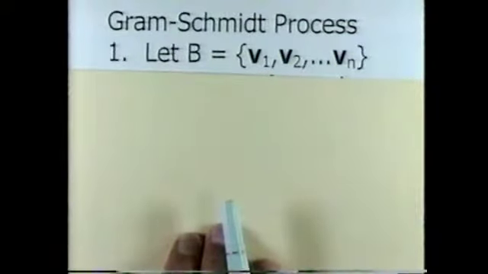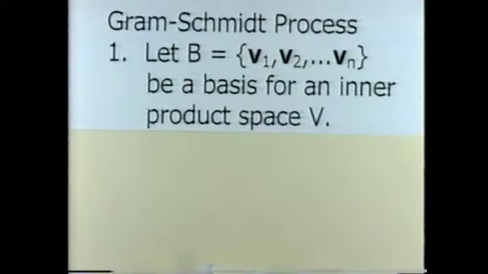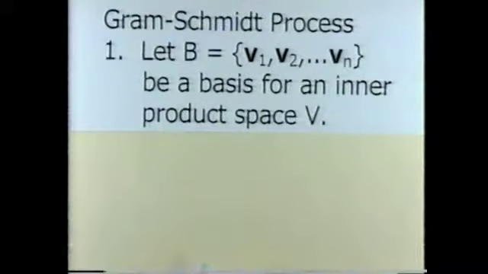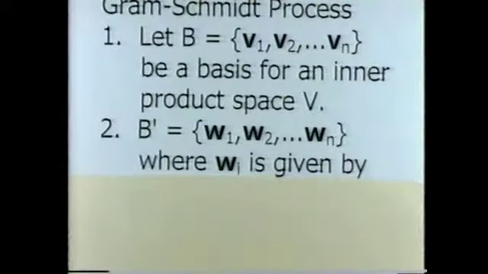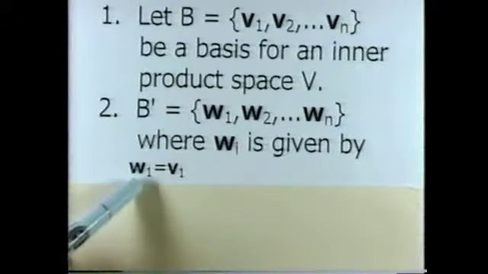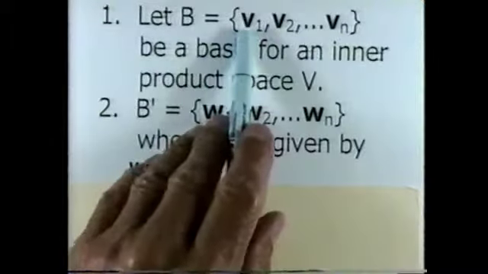So let B equal V1, V2 out to Vn be a basis for an inner product space V. So B is any basis for an inner product space V. B prime equals W sub 1, W sub 2 out to W sub n, where W sub i is given by, so we're going to have to go through and get a lot of stuff here. W1 will always be V1, so W1 will always be the first vector.